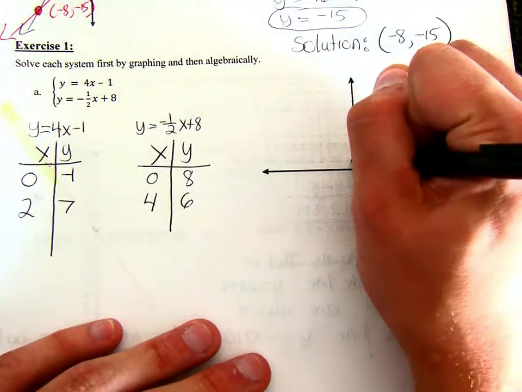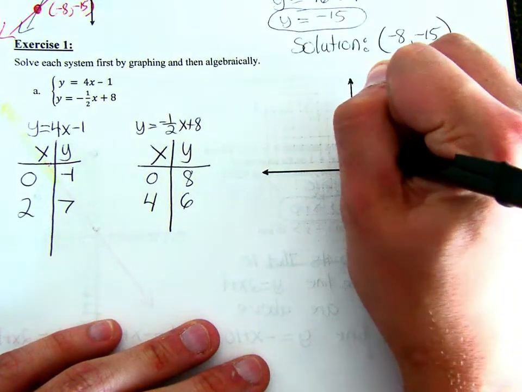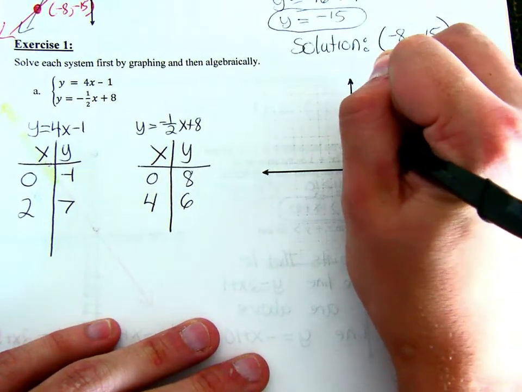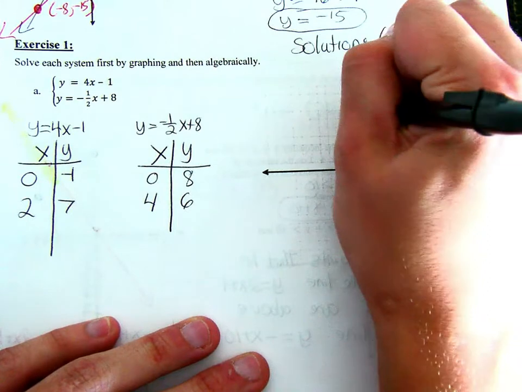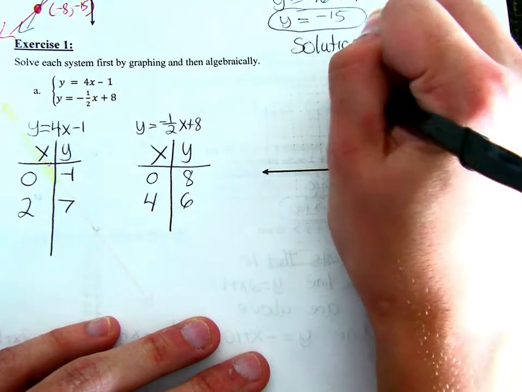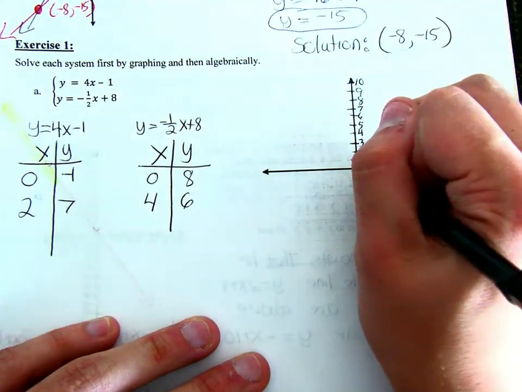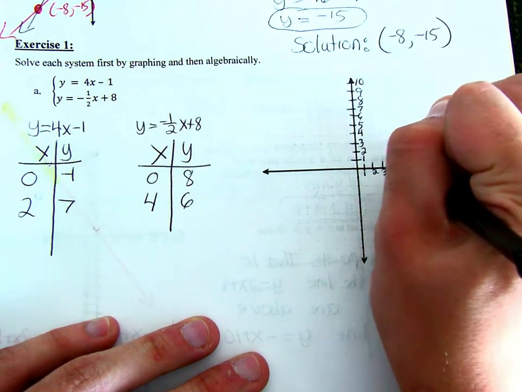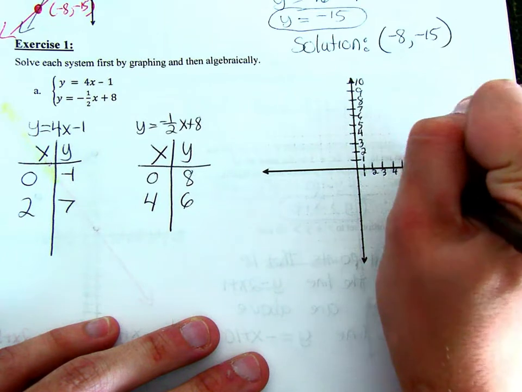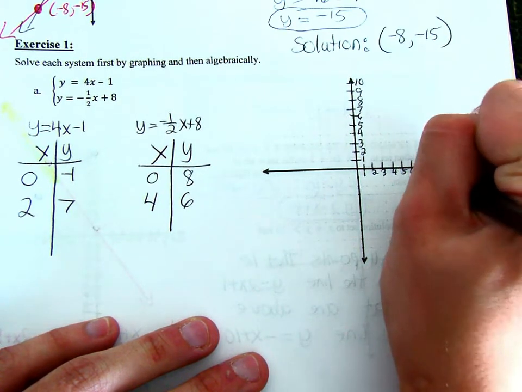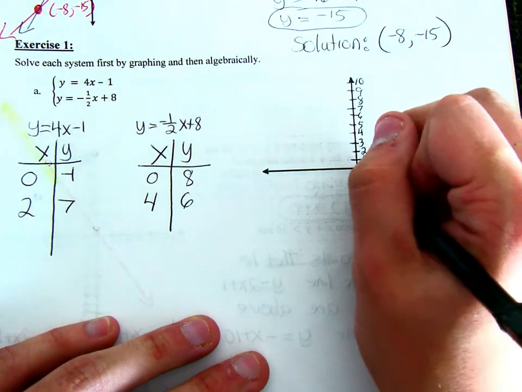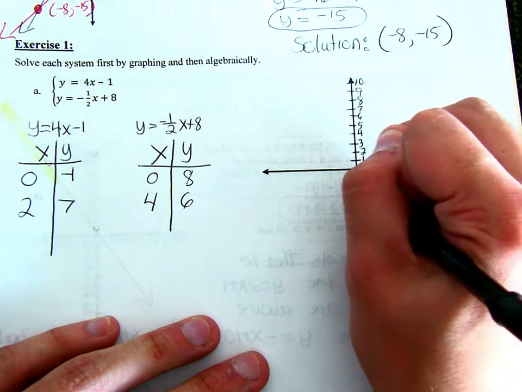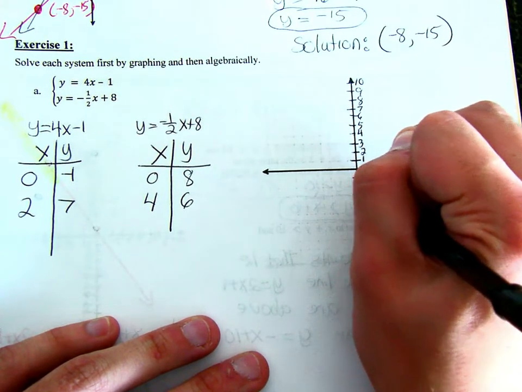So if I just label my axes here, and label my y-axes, label my axis going down, so -1, -2, -3, -4.